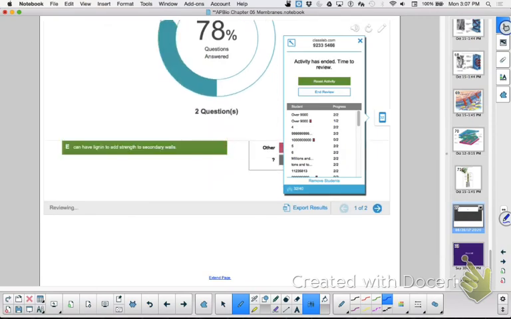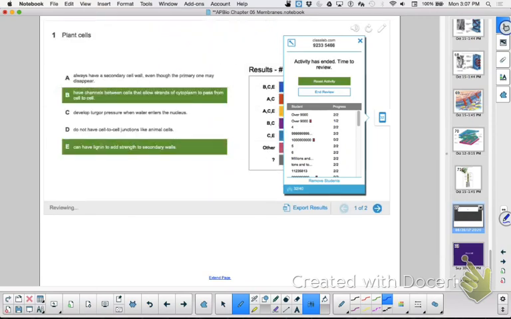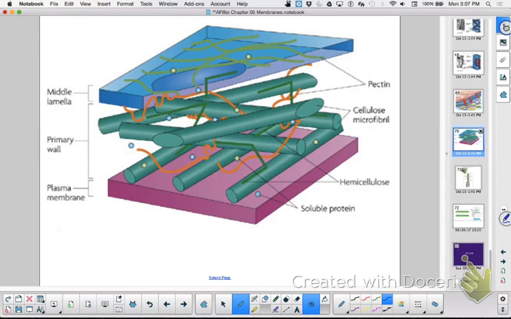He's annoying. If he's one of your friends, tell him to get it together. Have channels between that allow strands of cytoplasm to pass from cell to cell. Can have lignin to add strength to our secondary walls. Do you see something in your notes about secondary walls? I might have minimized that this year. It's in the notes. Okay, so right here, lignin strengthens it. I think we talked about that a little bit.